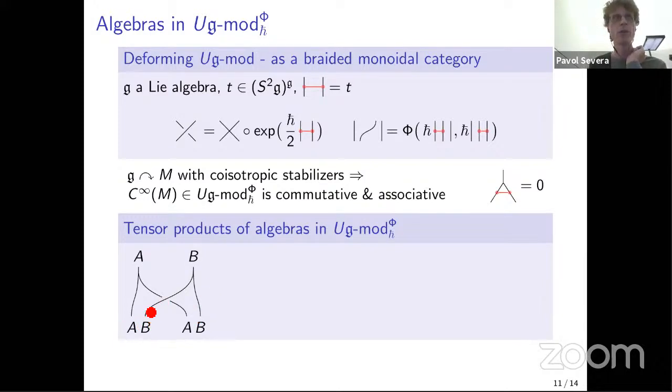We simply exchange A and B like that and then multiply. And now this algebra is usually going to be non-commutative. So non-commutativity is born from this braiding here. That's the end of our tricks.